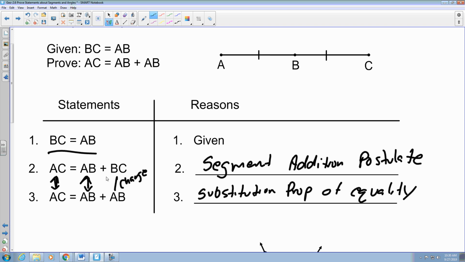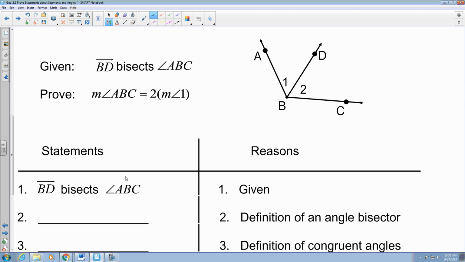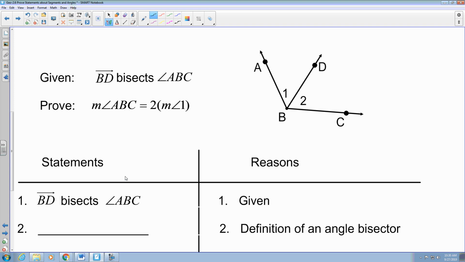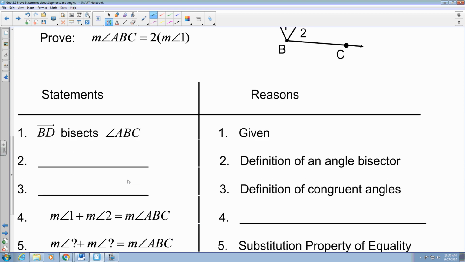Okay. Moving along, we have another proof here. So it says that ray BD, which is right here, bisects angle ABC. So the proof is they want you to say that the measurement of angle ABC is twice the measure of angle 1. So the first statement, like most statements, is one of the givens. So we have a given statement, BD bisects the angle ABC.